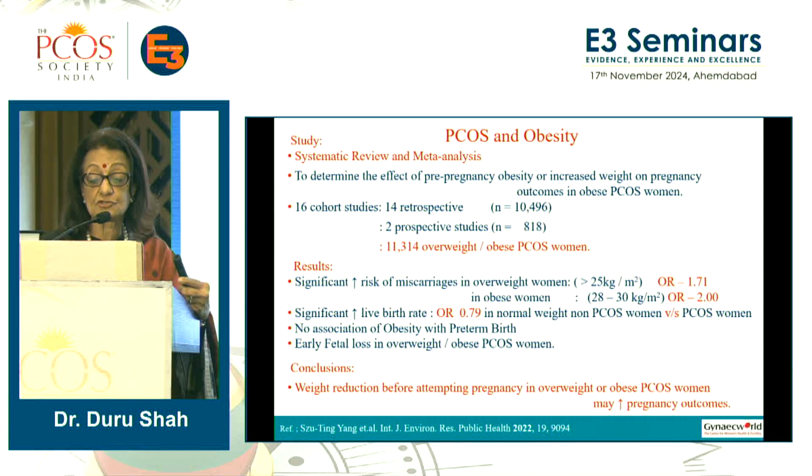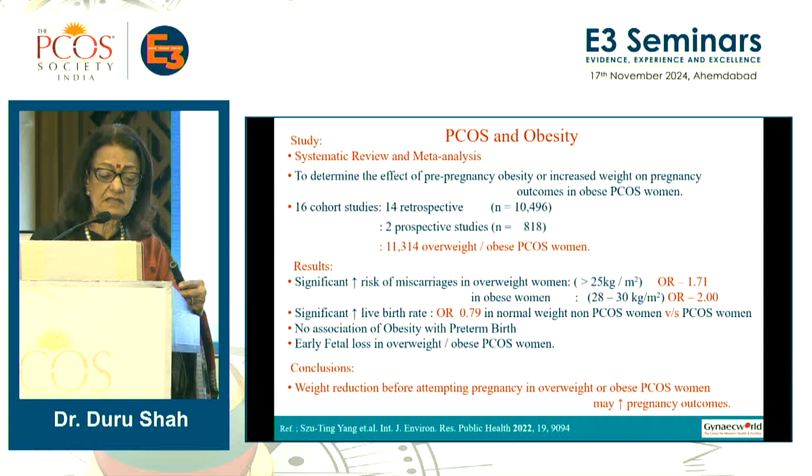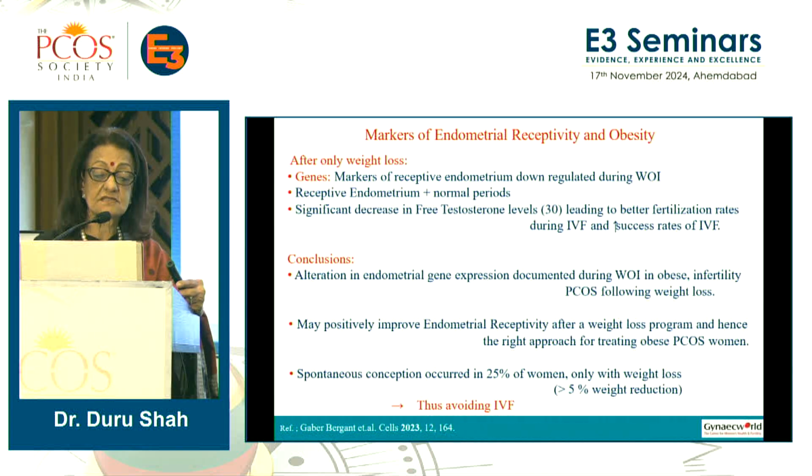When the women were about 25 kilograms plus, the odds ratio was 1.7, and when they were obese, the odds ratio was 2.0. So in short, it may help. With the live birth rate, we are not sure. The odds ratio is 0.79, not really very much better, but definitely improvement of results is seen.